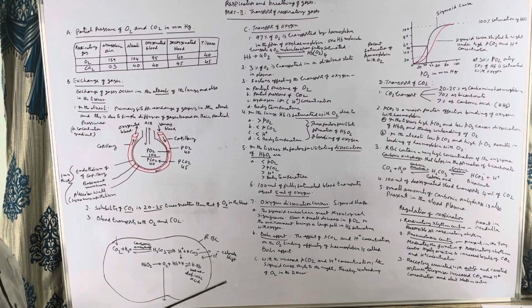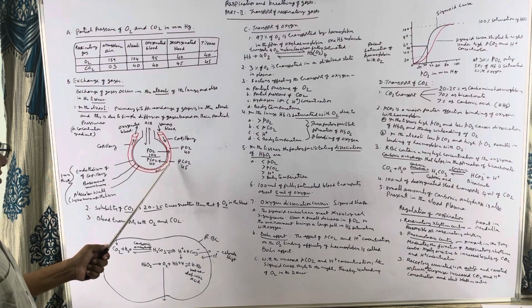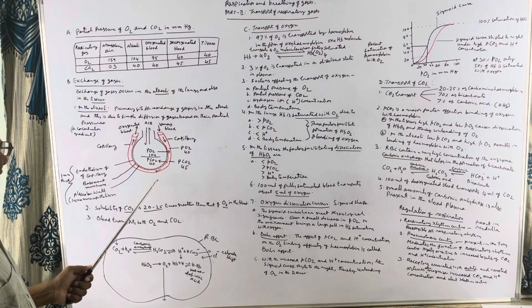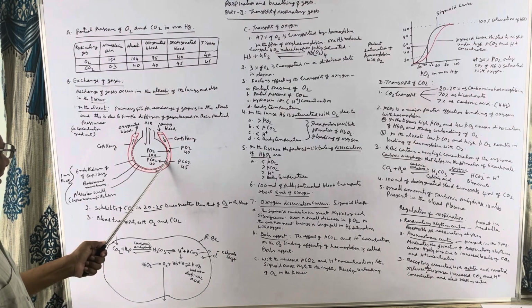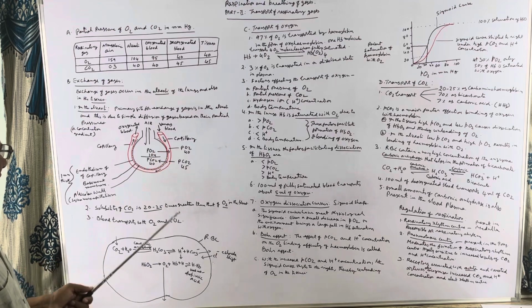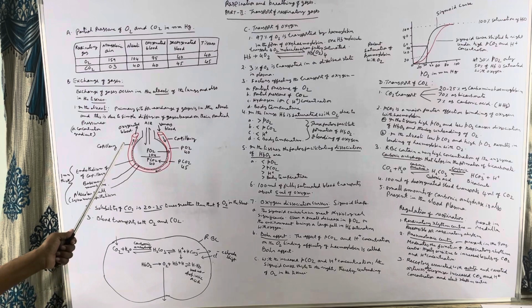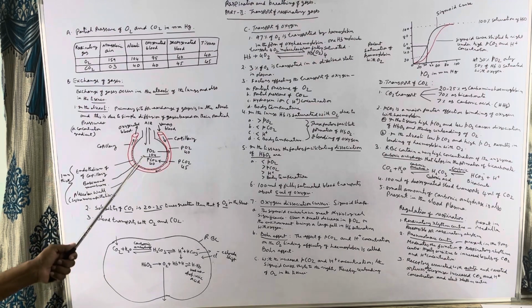In this way, blood is oxygenated or hemoglobin is saturated with oxygen. Because the partial pressure of carbon dioxide is higher in the blood and lower in the alveolar cavity, carbon dioxide diffuses from the blood into the alveolar cavity and from there it is expelled out. In this way, in the alveoli, exchange of gases takes place.